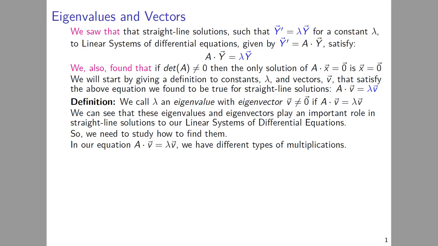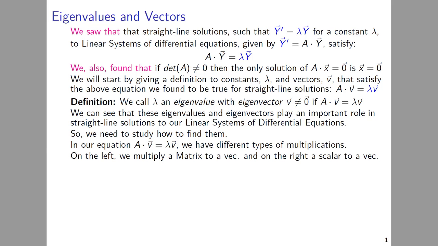In our equation A times v equals lambda times v, we have different types of multiplication. On the left, we're multiplying a matrix onto v, and on the right, we are multiplying a scalar onto v. To have the same type of multiplication, recall that we can replace the scalar multiplication lambda times v with the matrix multiplication lambda I, where I is the identity matrix, times v.